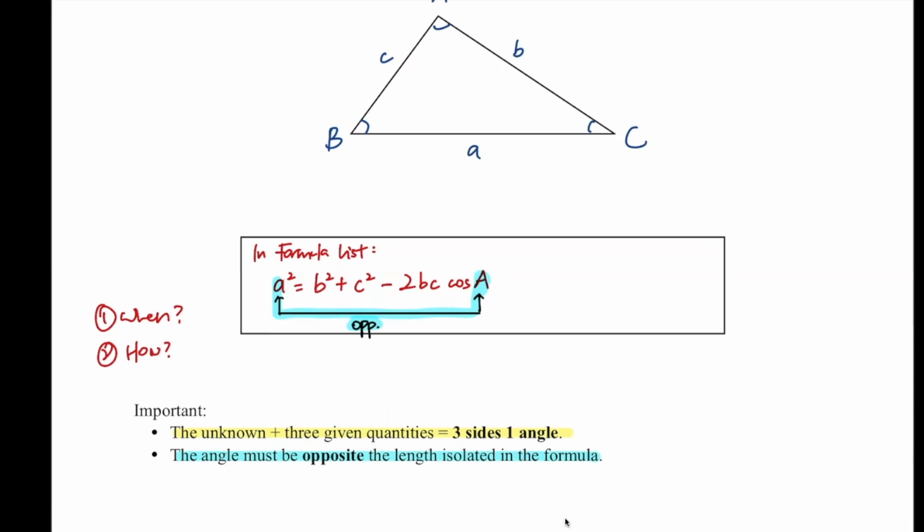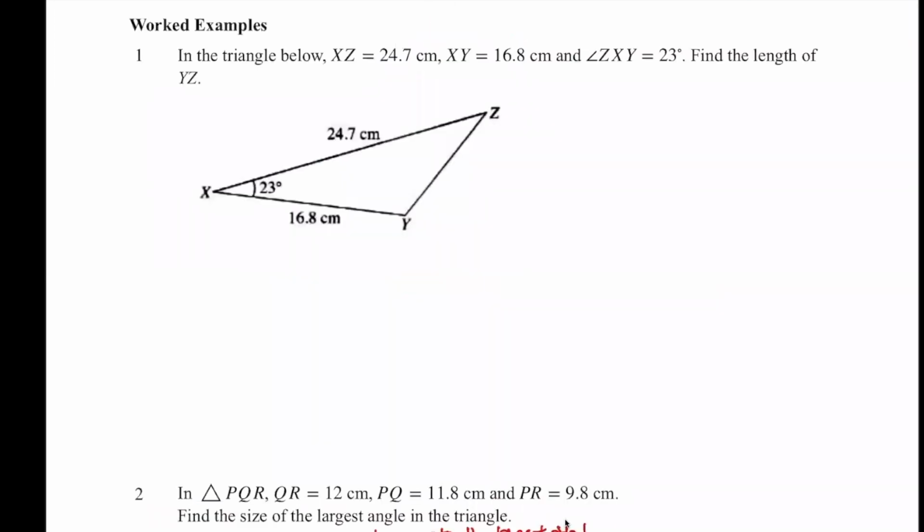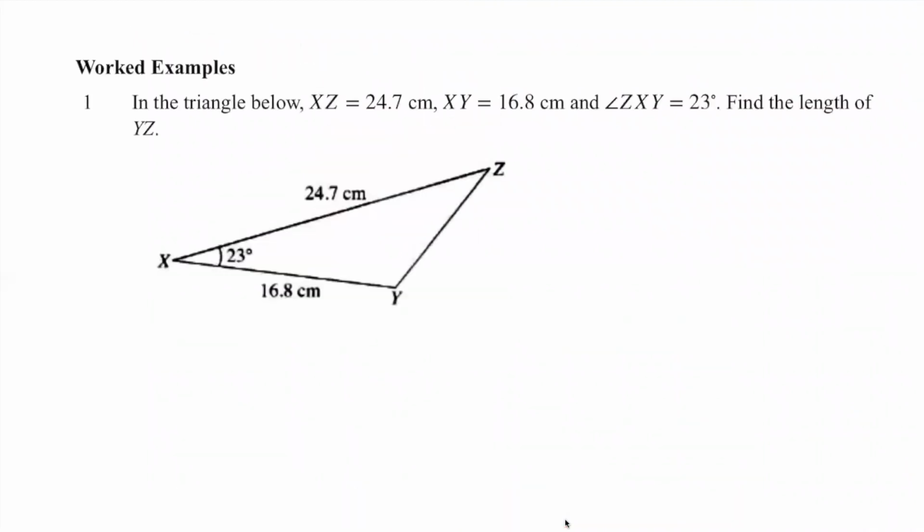Okay, now let's look at worked example 1 first. Now, in this worked example 1, what happens is that you want to find side YZ. Okay, and this triangle is not a right-angled triangle, so don't even think about Pythagoras, etc. And to find YZ, you need to realize that it is a side.